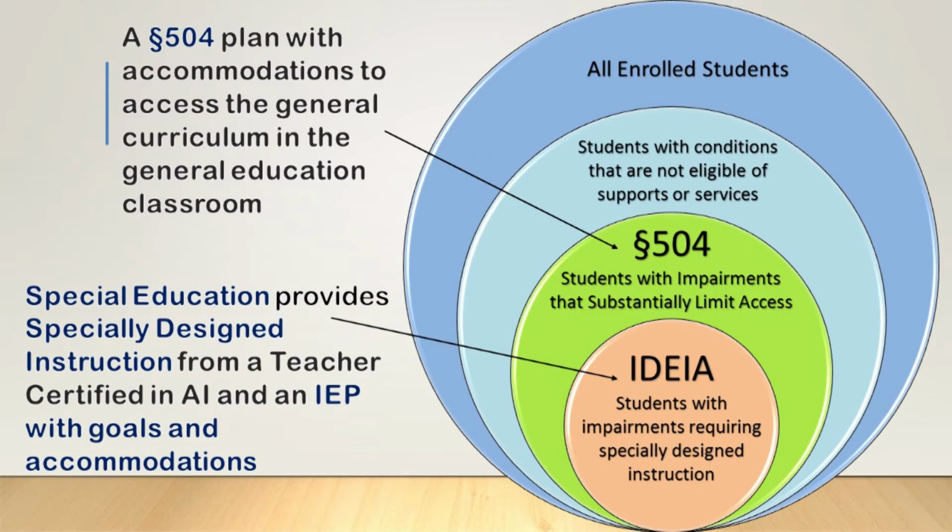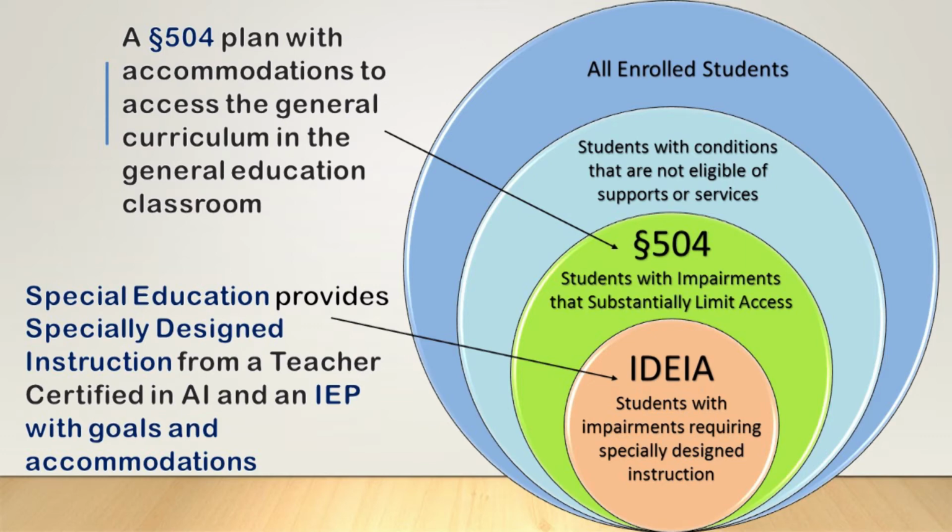This graphic identifies the bodies of students within the general enrollment who may have an identified condition. Students requiring supports and services receive it either through Section 504 or through IDEIA, which is special education. Section 504 identifies the accommodations which the student needs in order to have equitable access to instruction in the general education classroom.